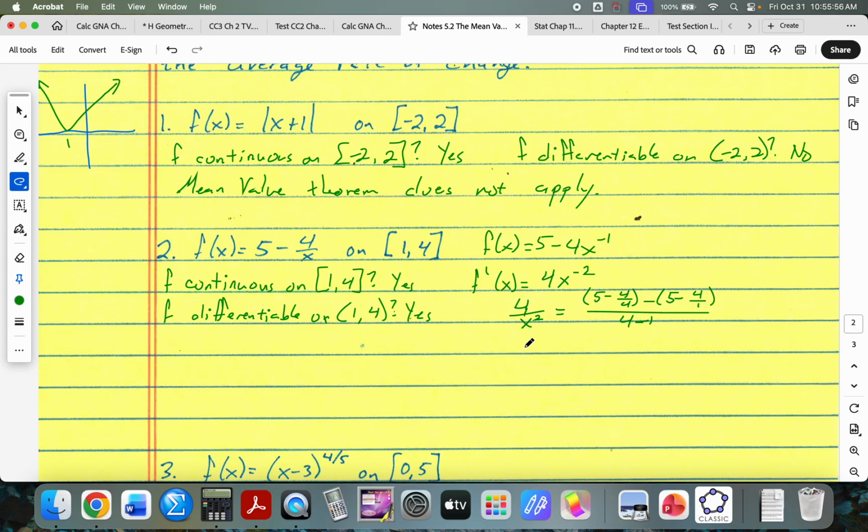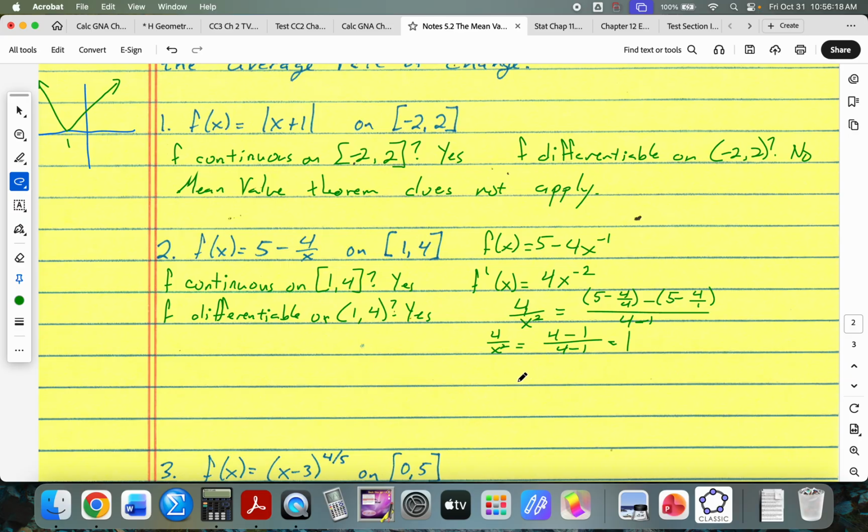So let's see, that's going to be 4 over x squared is equal to 5 minus 1 is 4, minus 5 minus 4 is 1. Oh, hey, look at that. That's equal to 1.